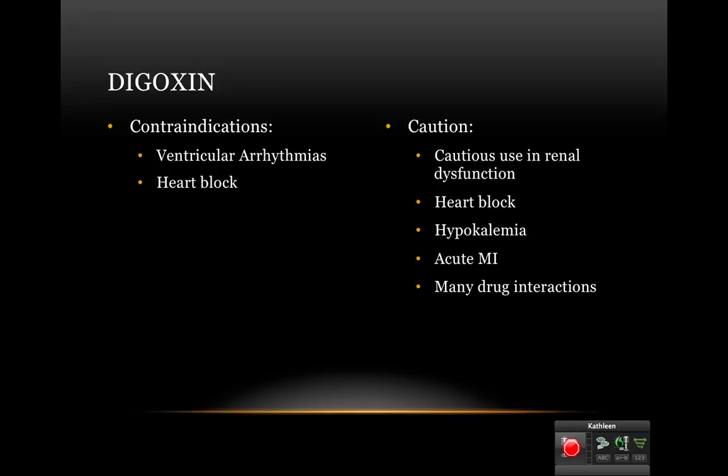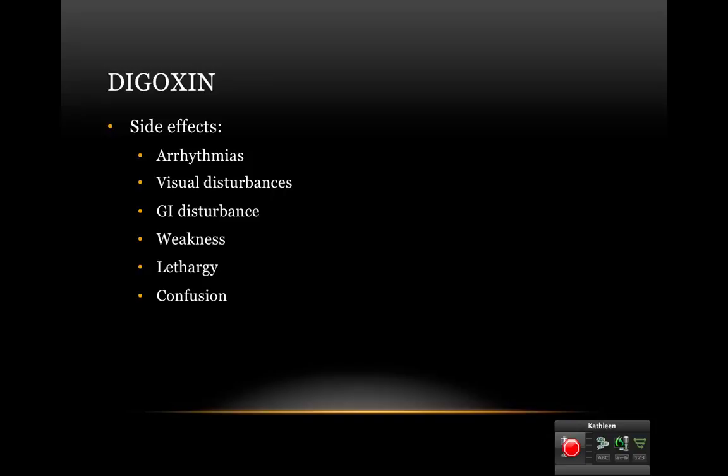And this is in patients with preserved renal function. And the recommended dose is 0.125 milligrams daily. Levels lower are effective and safer for atrial fibrillation. Side effects are arrhythmia, visual disturbance, GI disturbance, weakness, lethargy, and confusion.